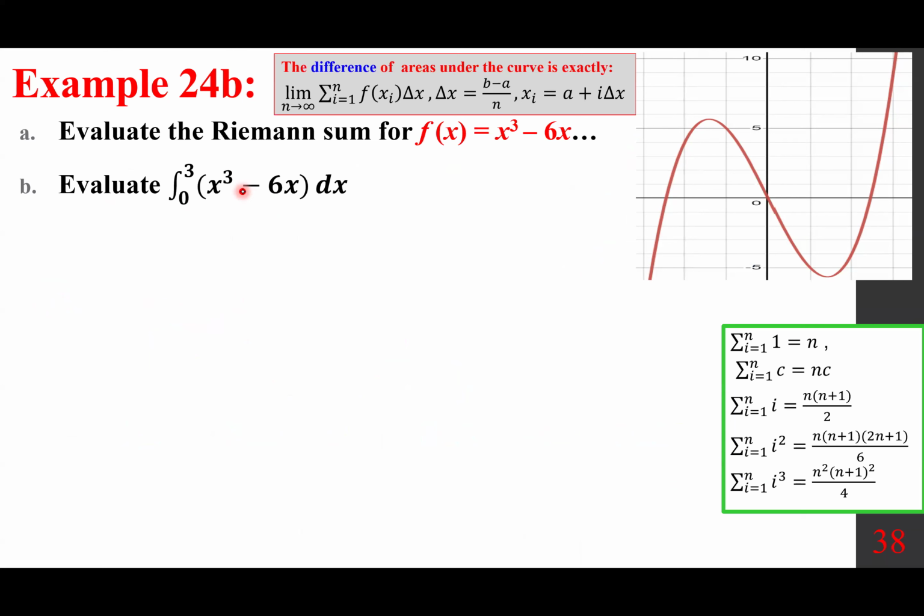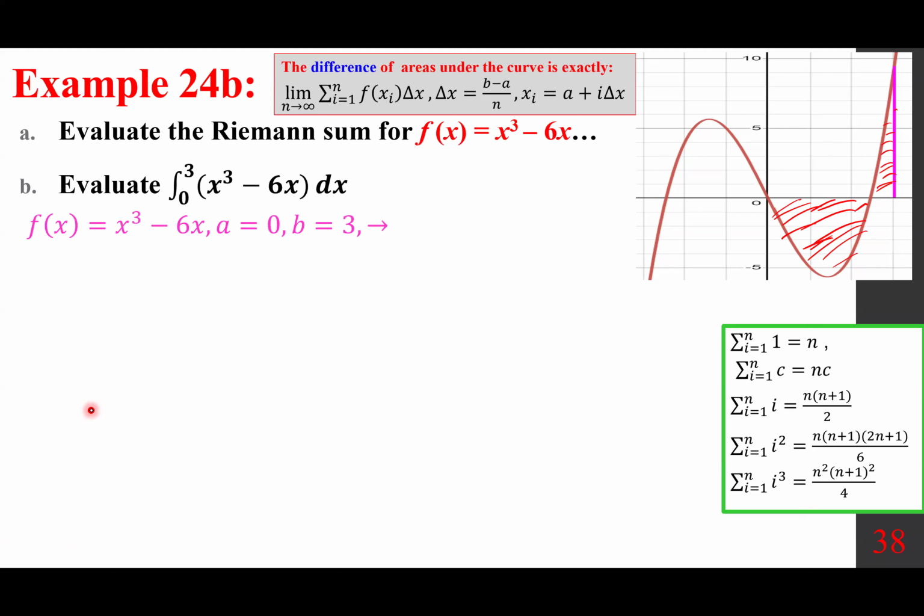And reminding everyone that it's the same function, but this time you find the exact answer.